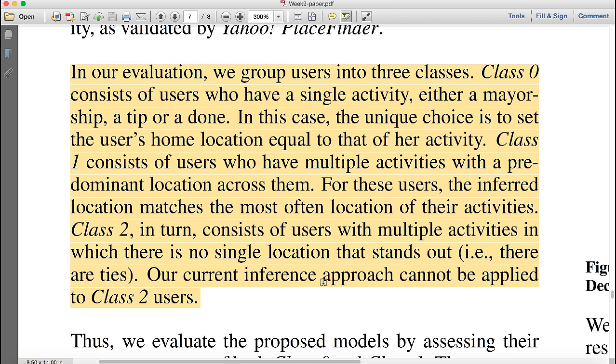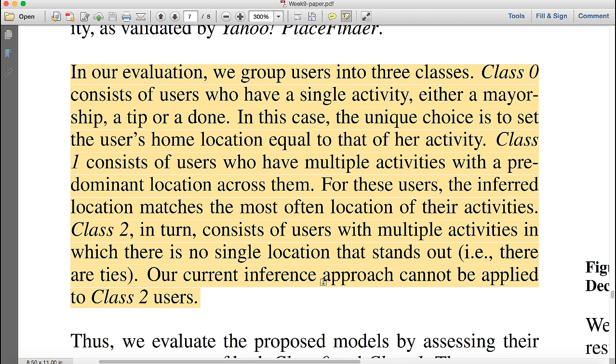Just to understand, if you understand this, I think the inferences become much simpler. The logic the authors followed is to take all the users who have been doing these tips, dons, and mayorships in the data. Class 0 are the people who have only a single activity, either a tip or a mayorship or a don.